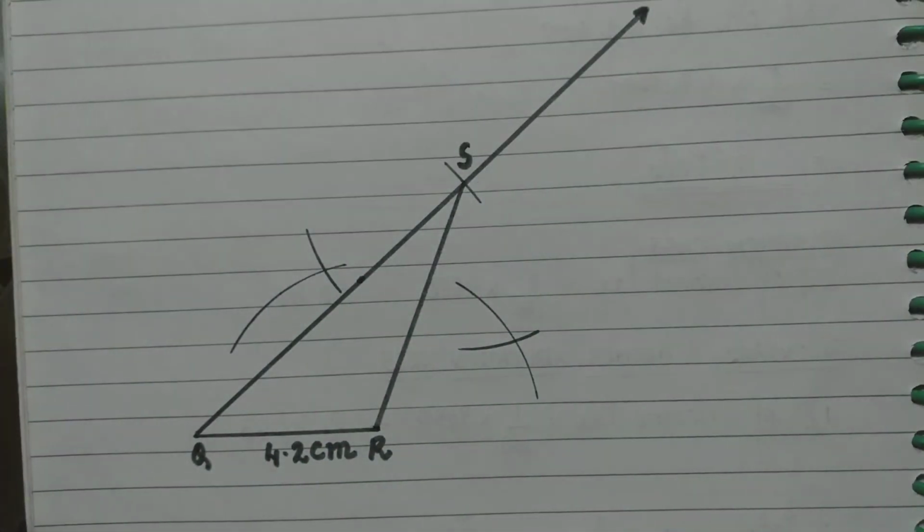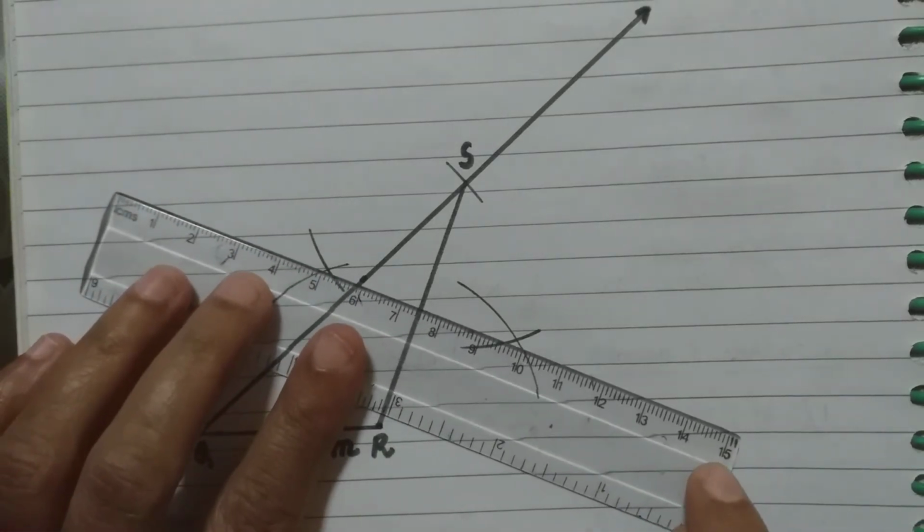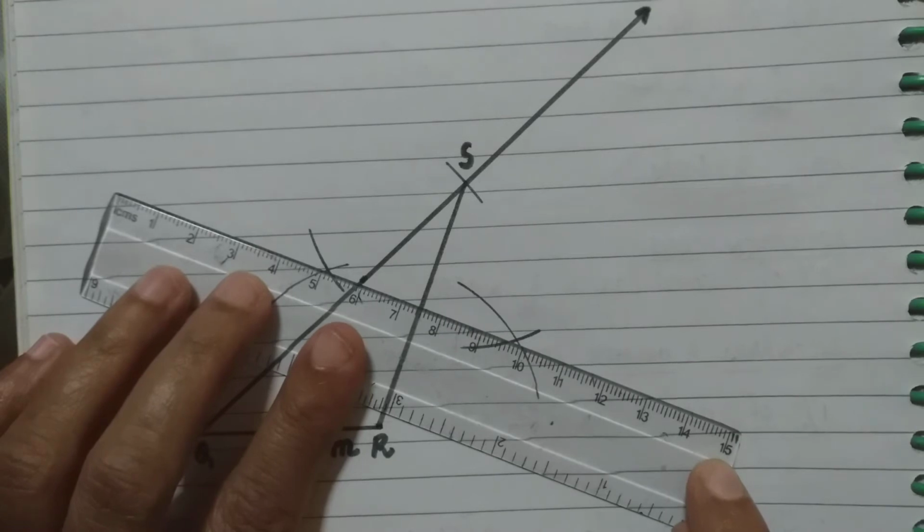Once these arcs are cut, we have to take the scale and join the point of intersection of these arcs.